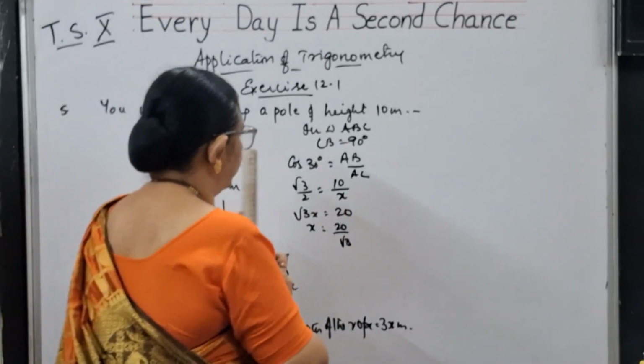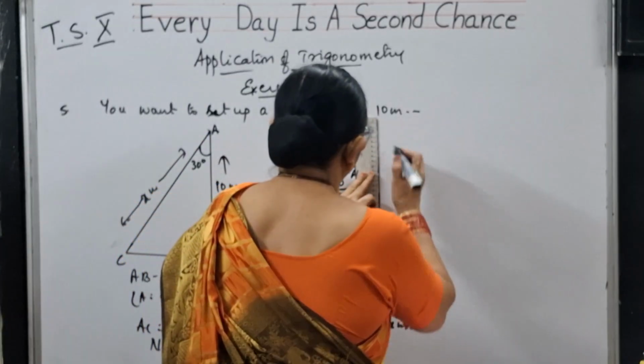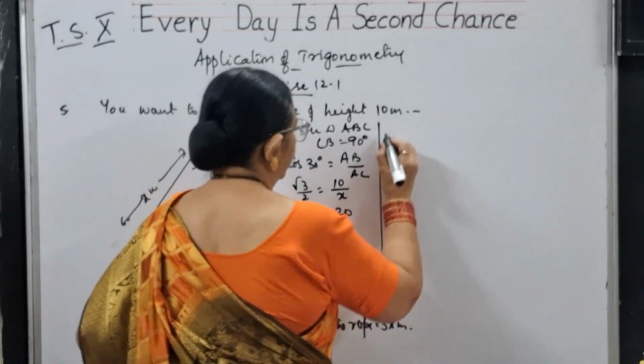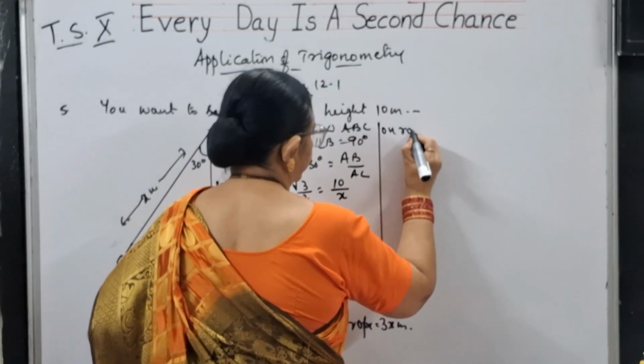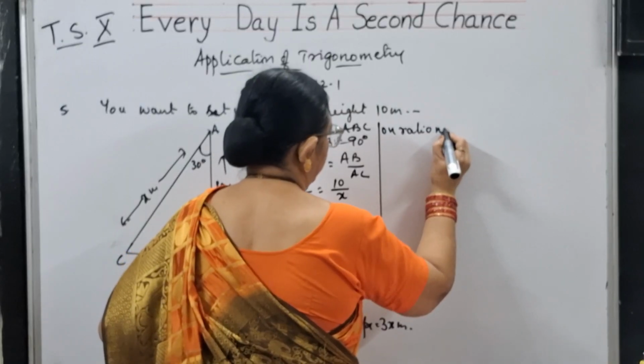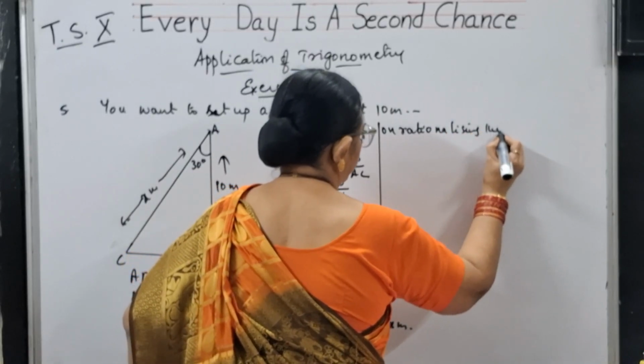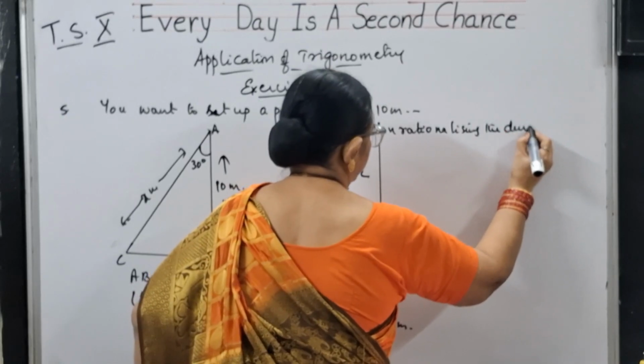So x is 20 by root 3, which means root 3 is in the denominator. So you take it on rationalizing the denominator.